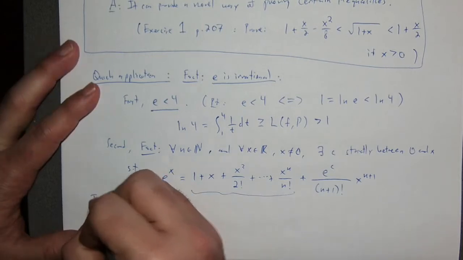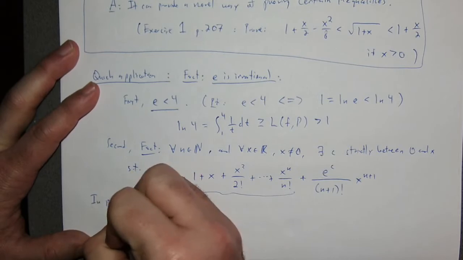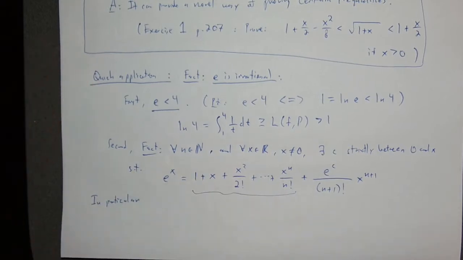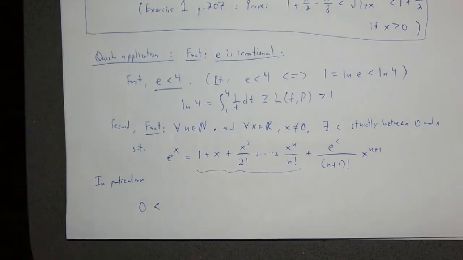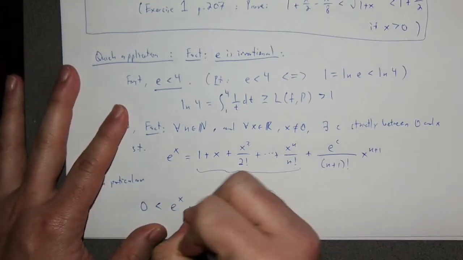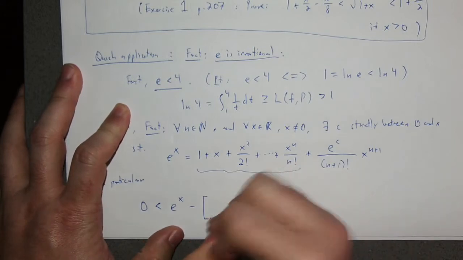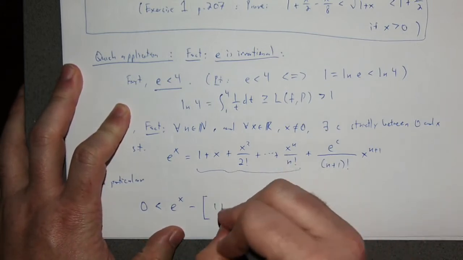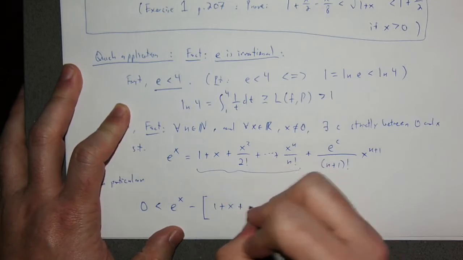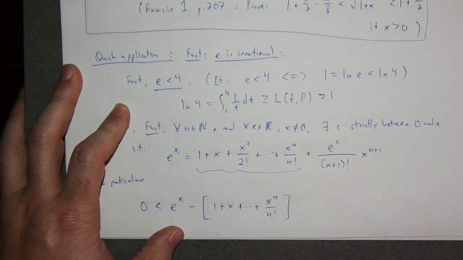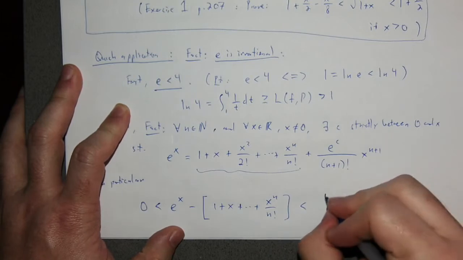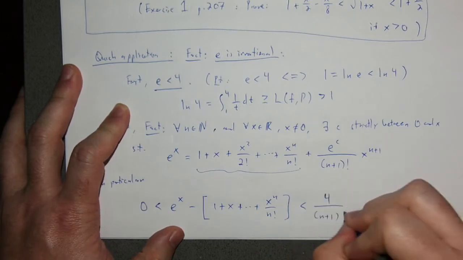In particular, and here is what's important, because this shows you how to use the Lagrange remainder theorem to prove some of these tricky inequalities: 0 is strictly less than e to the x minus this polynomial, 1 plus x plus all the way up to x to the n over n factorial, and that is strictly less than 4 over (n plus 1) factorial.